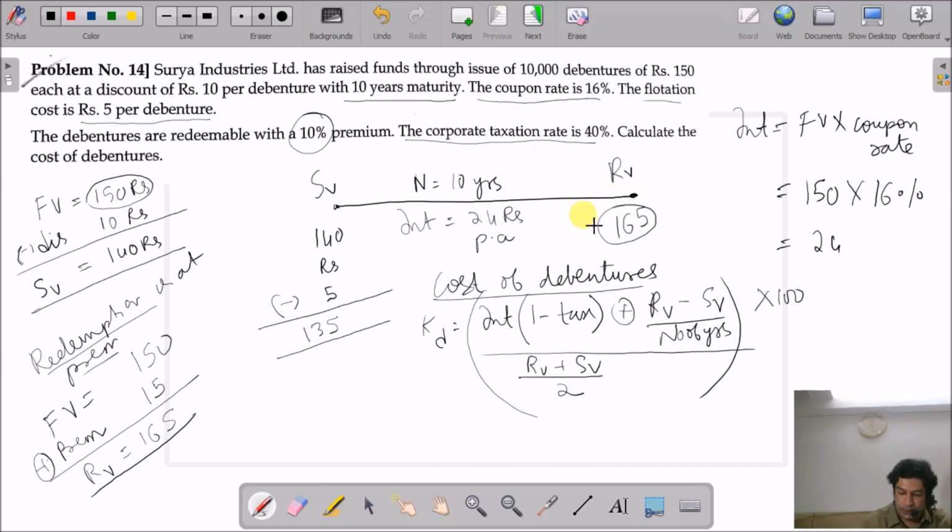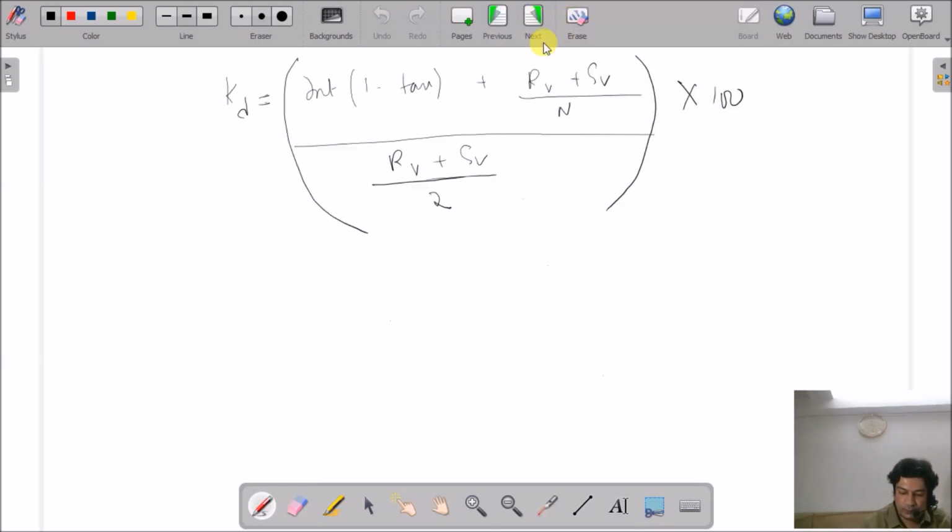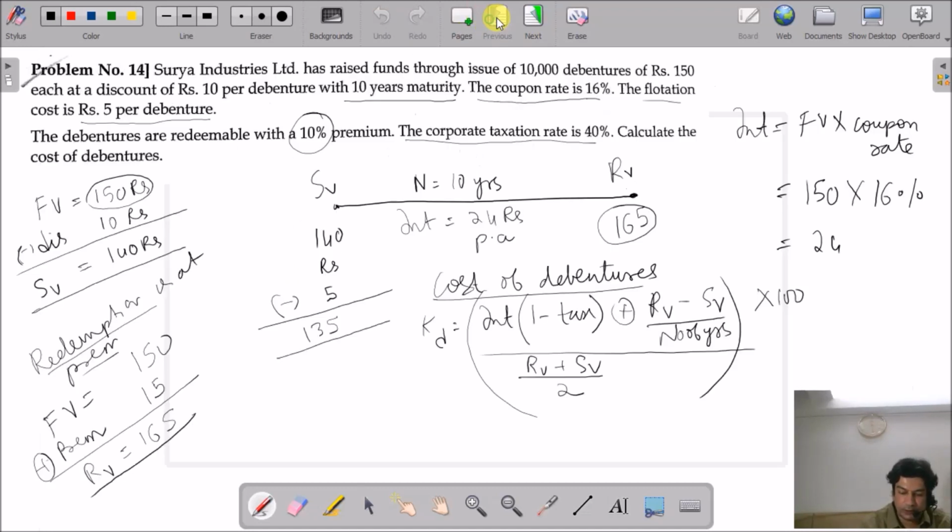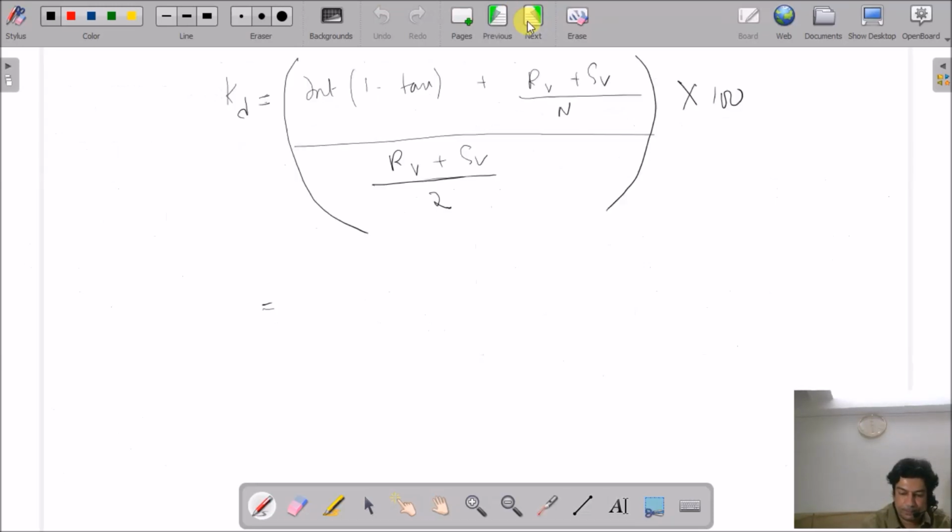Redemption value is 165. Interest is 24 and the tax is 40%. So interest is 24, and 1 minus tax means 1 minus 40 upon 100, which on the calculator gives 0.40, or 0.4 also you can write.